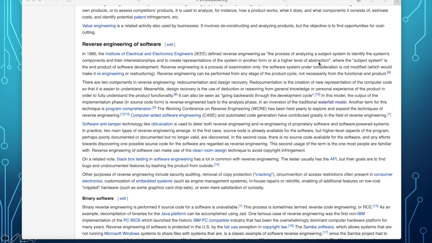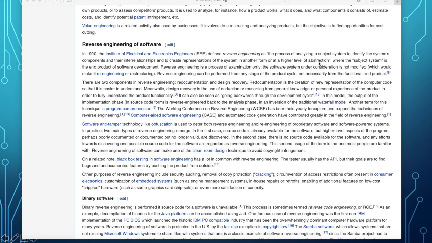So supposing you are just given the running software, let us say the binary of the Bubble-in. Of course, without the source code or without the SRS, we don't know exactly what the Bubble-in is doing.